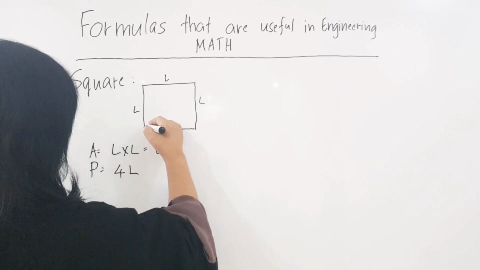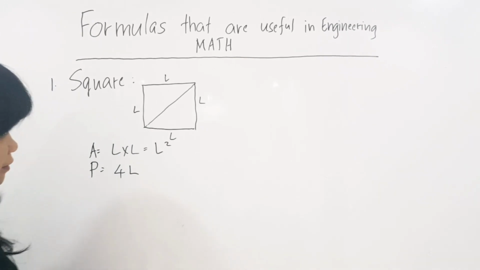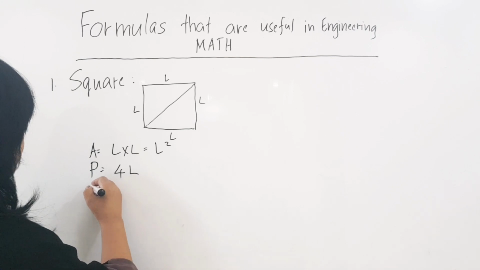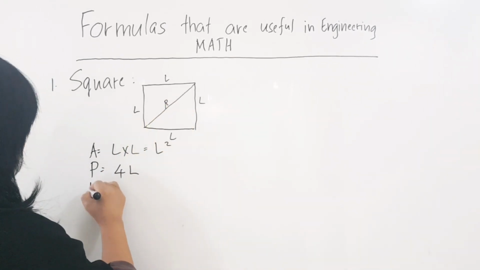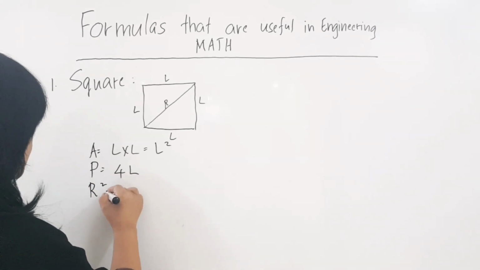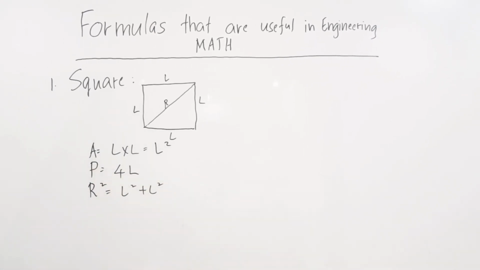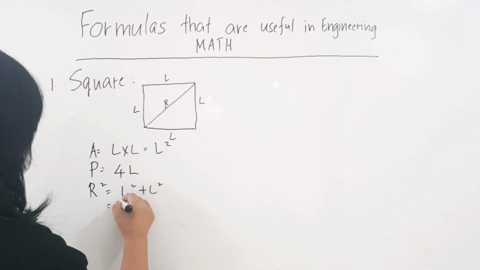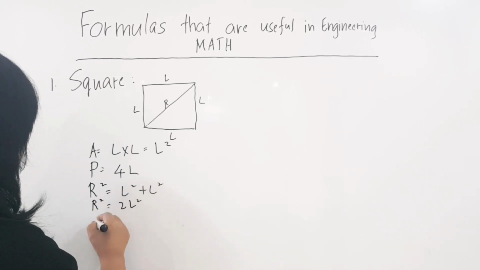Now, for example, if you want to find the diagonal, of course, it's easy. Just use the Pythagorean theorem. If you call the diagonal R, then R squared is equal to L squared plus L squared, so 2L squared is equal to R squared.